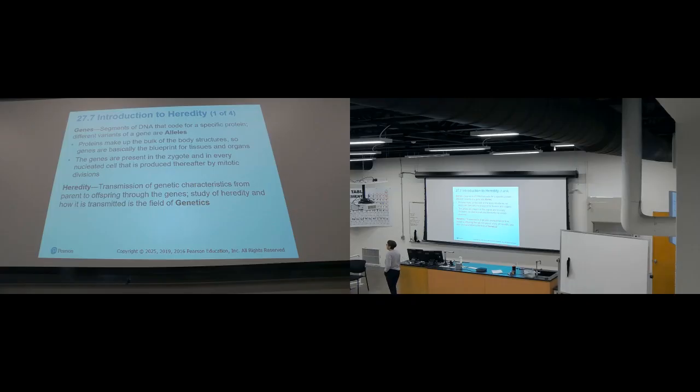The genes can be seen as the blueprints to make our tissues and organs. And these genes are present in the structure that forms the human being, which in the case of human development forms from the fusion of a sperm cell and an egg cell that we call the zygote.